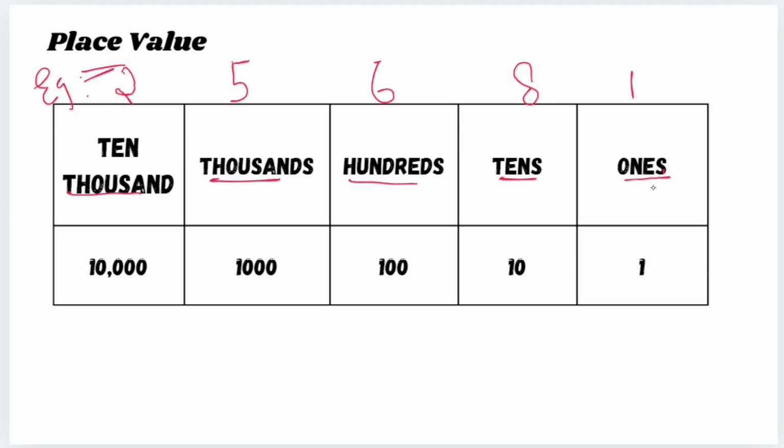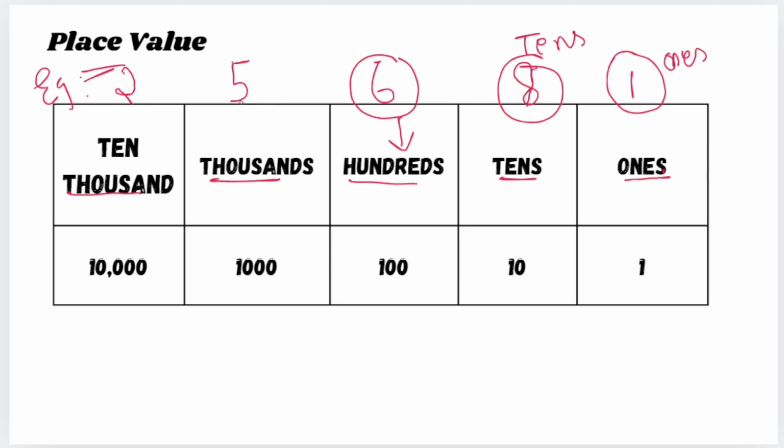So, 1 is in the place of ones, right? The last digit will be in the place of ones. Then this 8 is in the place of tens. 6 in the place of 100. 5 in the place of 1000. 2 in the place of 10,000. So, 1 has no zero, so we write it as it is. Okay, fine. 1 will be as it is.